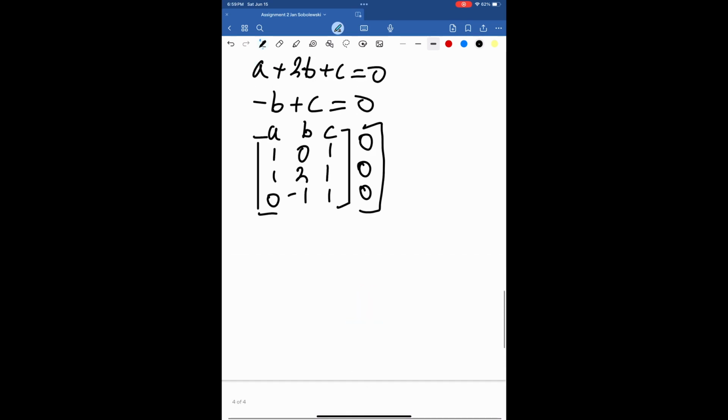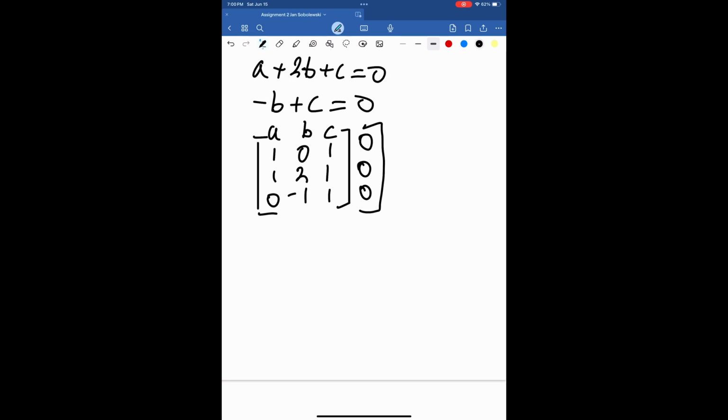Now we want to do row reduction to get this into row echelon form, so we can get a definite answer on whether there's a linear dependence or not. If there isn't, it's linear independence.